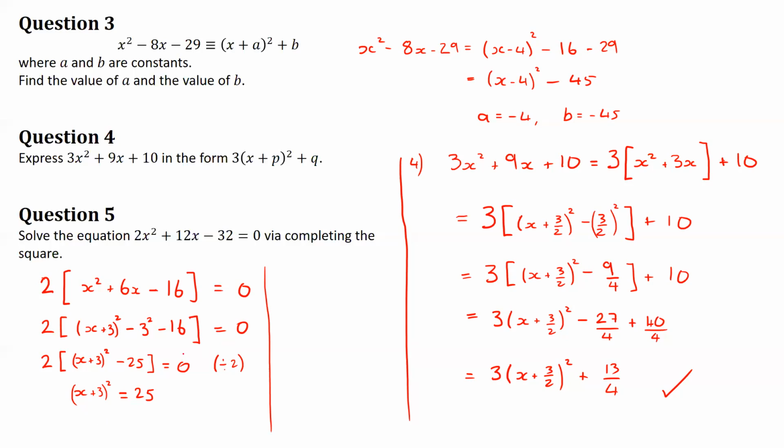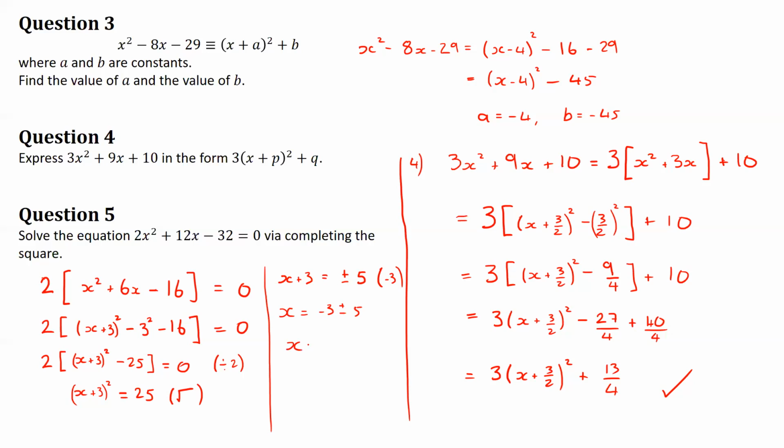So if I square root both sides here, I get x plus 3 is equal to 5, but don't forget your plus minus, and then take away that 3. So x equals minus 3 plus minus 5. So again, I'm just going to write next to here I square rooted, and then next to here I took away 3. You don't have to write those in your test, it's just so you know what I've done at each step for now.